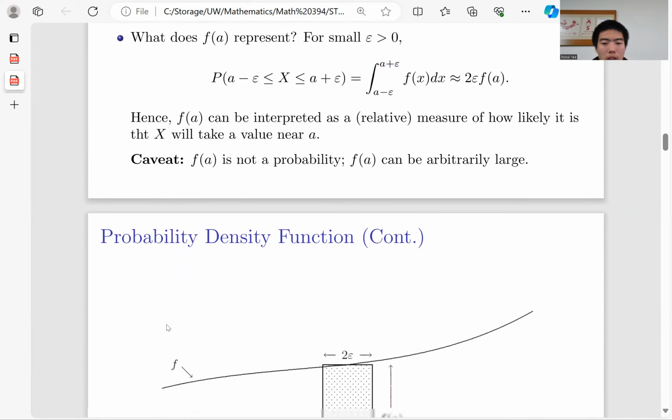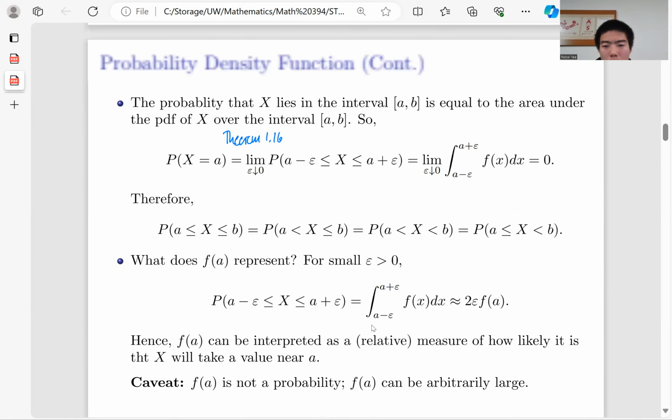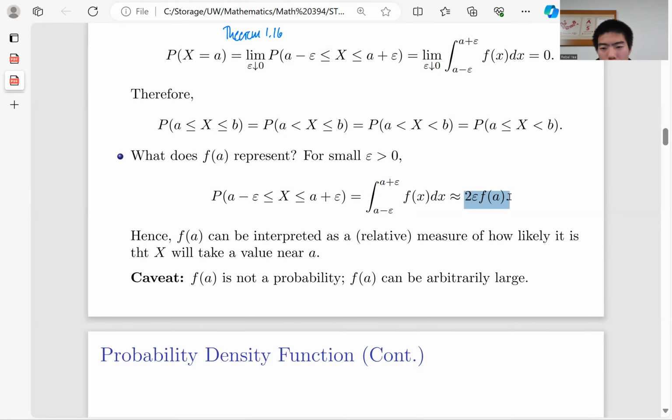So why is that the case? Because a minus epsilon to a plus epsilon is 2 epsilon apart, and we use 2 epsilon times f(a). If epsilon is not arbitrarily small but fixed beforehand, then the probability that x is very near to a, just in this interval, is 2 epsilon times f(a).